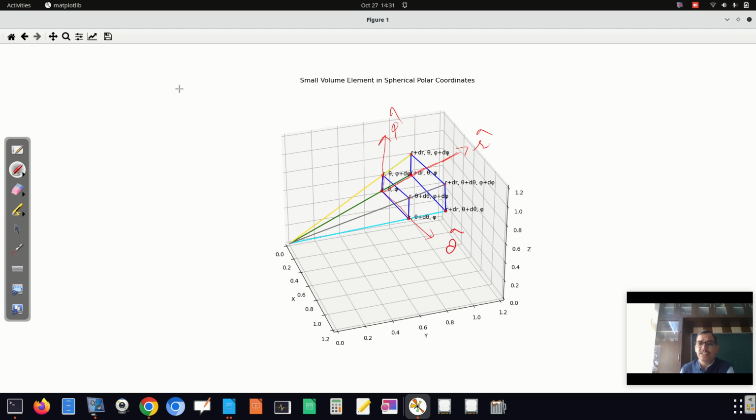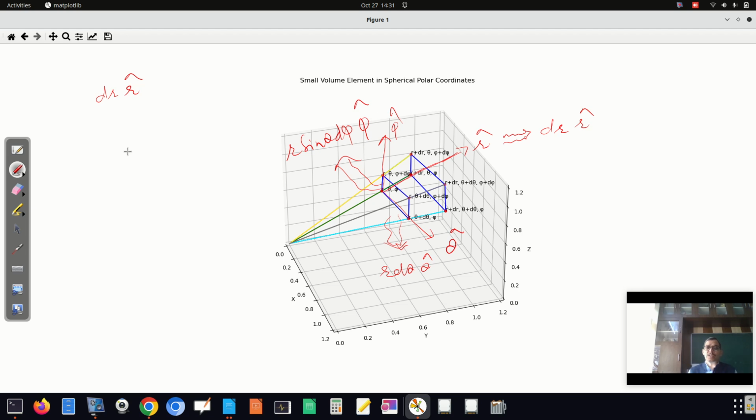These 3 vectors will constitute a small volume element. One vector is dr r cap, this one. This particular part is represented by r d theta, theta cap, and this part, as I have discussed earlier, is r sine theta d phi, phi cap.